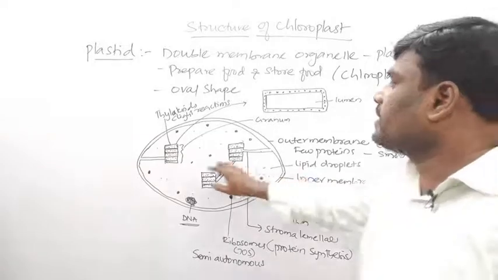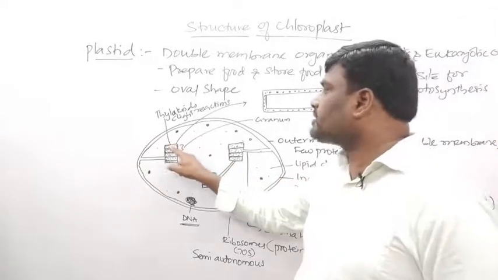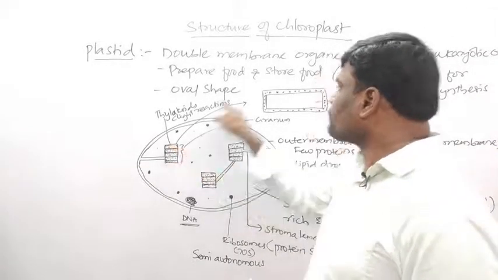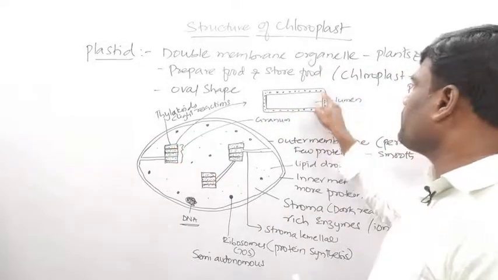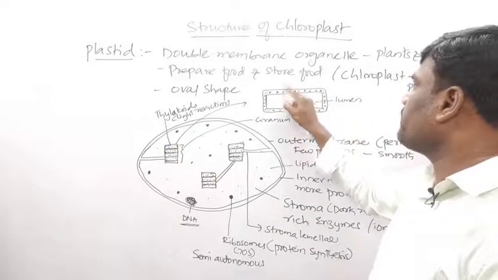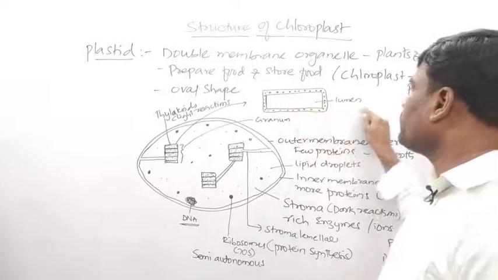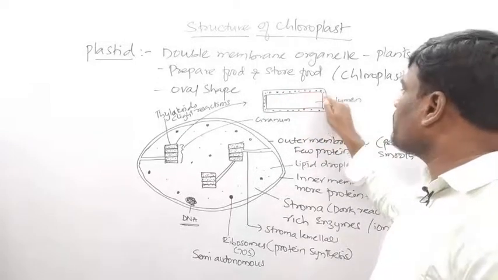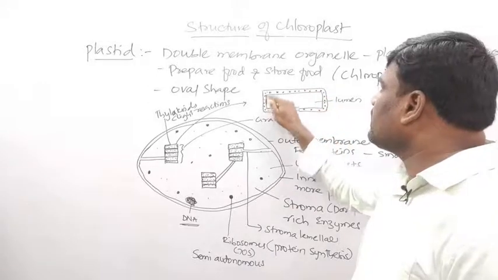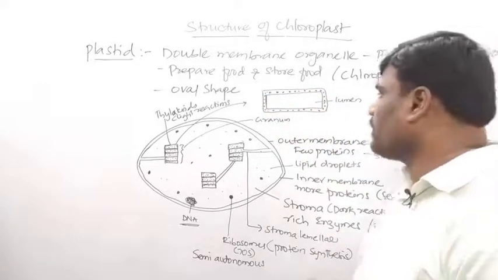Okay, and here the sac-like structures we call thylakoids, children. If you see the structure of these thylakoids, it is a double membrane. So this is the membrane, and this one is the inner membrane, and inside this is called the lumen. So chlorophyll pigments are seen in the membranes of thylakoid, right, children?